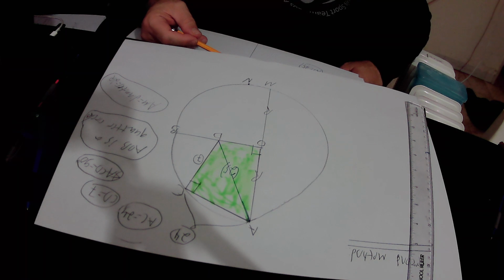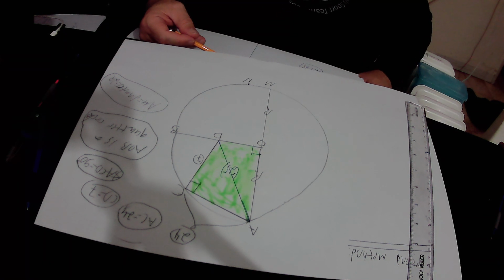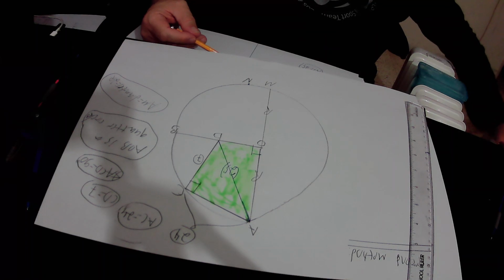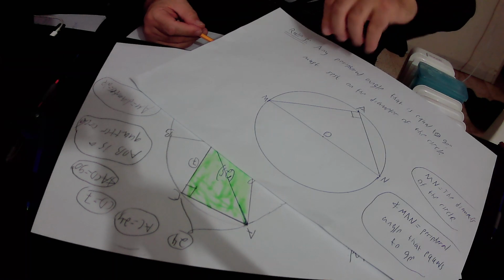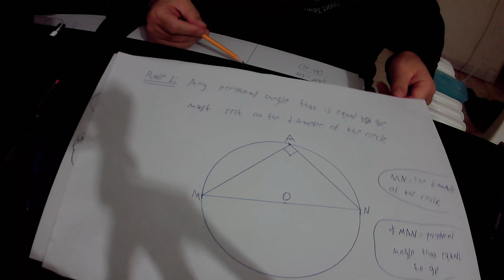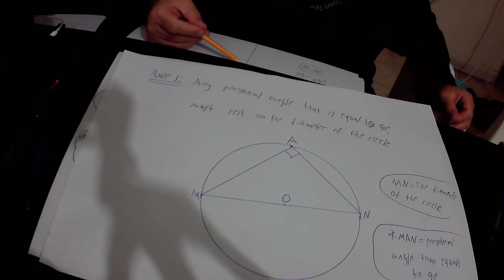But then it will contradict rule number 5. According to rule number 5, any peripheral angle that equals 90 degrees must rest on the diameter of the circle.